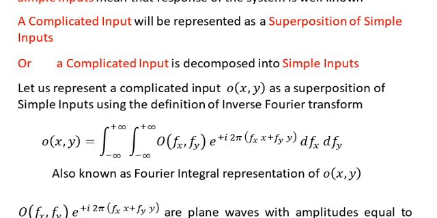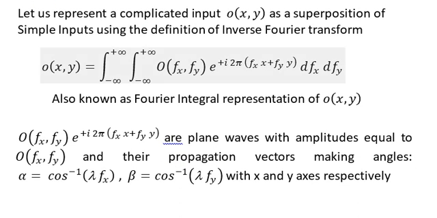Let's represent a complicated input O at (x, y) as a superposition of the simple inputs using the definition of the inverse Fourier transform. So here we give the definition of the inverse Fourier transform, that is, we represent the object in space, O at xy coordinates, as a superposition, because the integrals are giving us the superposition of the optical waves, which is capital O at (fx, fy) multiplied by the phase factor e to the power plus i 2 pi (fx x plus fy y), integrated over the coordinates fx and fy.